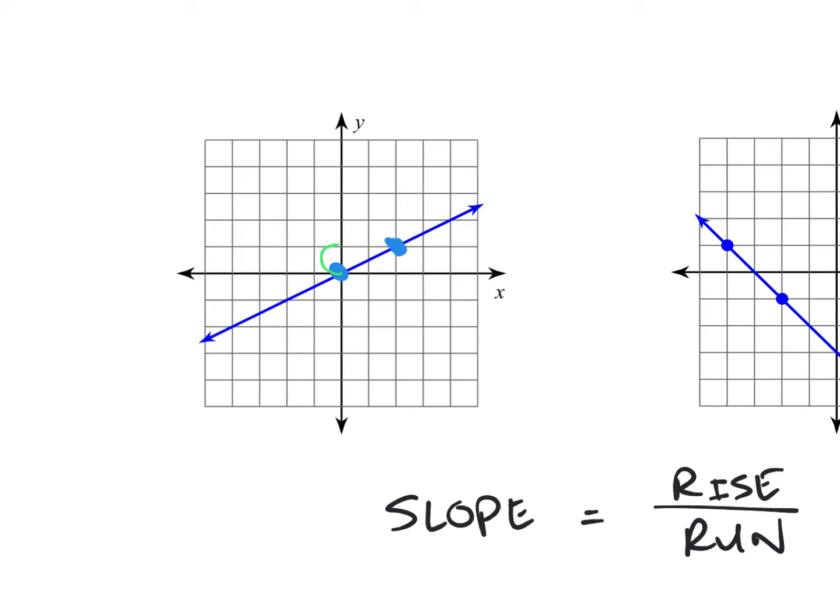So in this case, our slope, which we said is equal to rise over run. Our rise is 1, and our run would be 1, 2. So our slope is 1/2. Now this will work for any of the points we pick on that line.